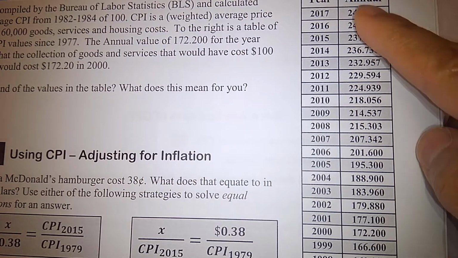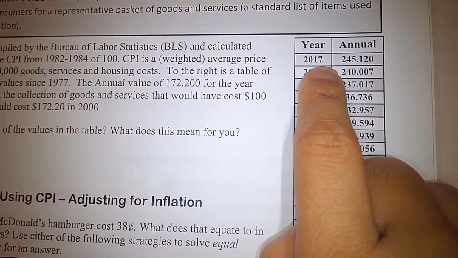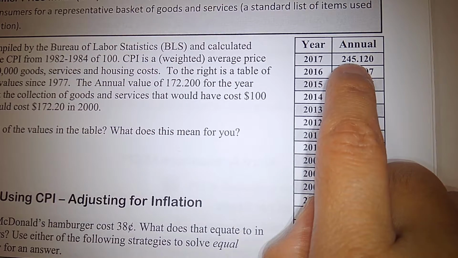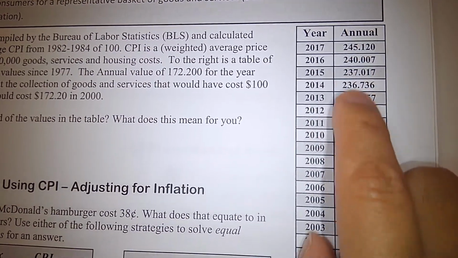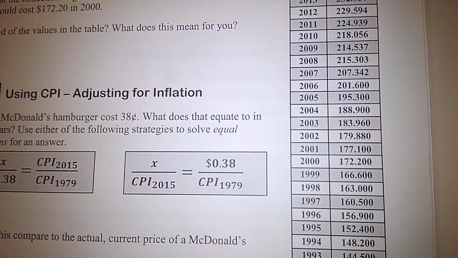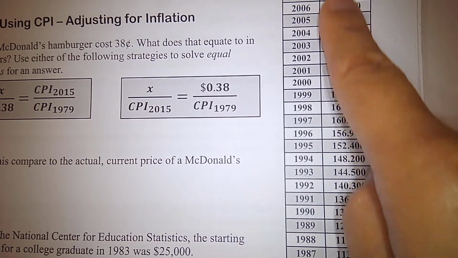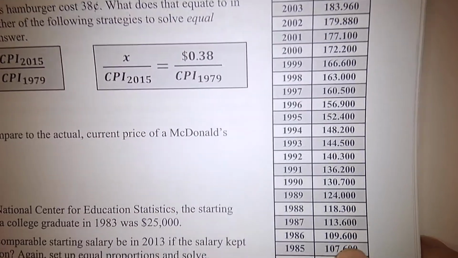Now guys, let's look at the table. Year 2017, annual $245.12. What does this mean? What do these numbers in this table mean? So where is the CPI value close to 100? In which year?